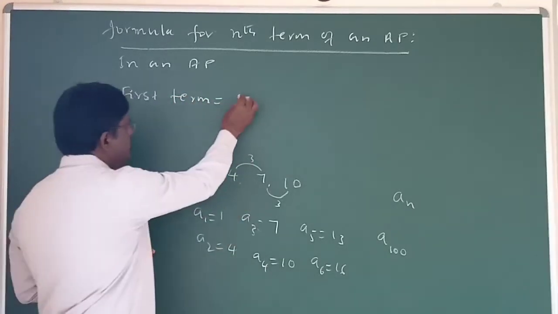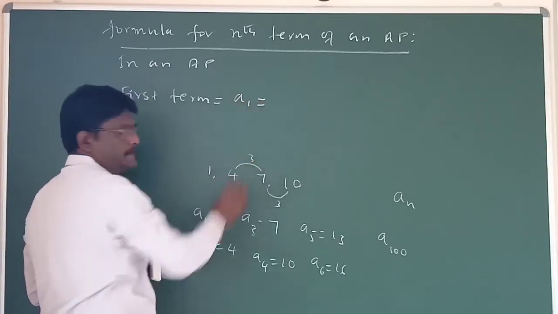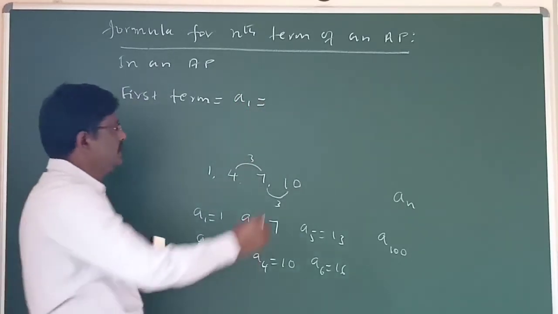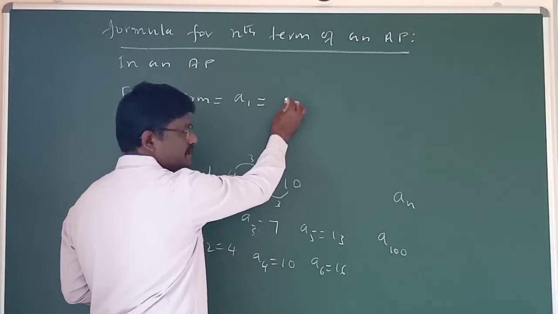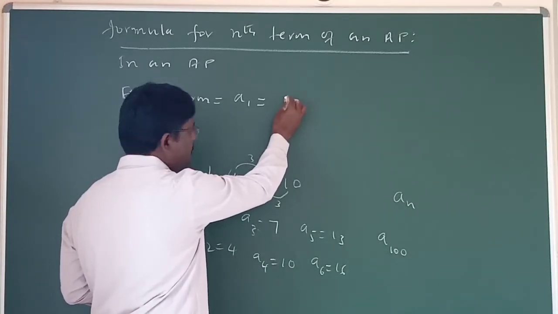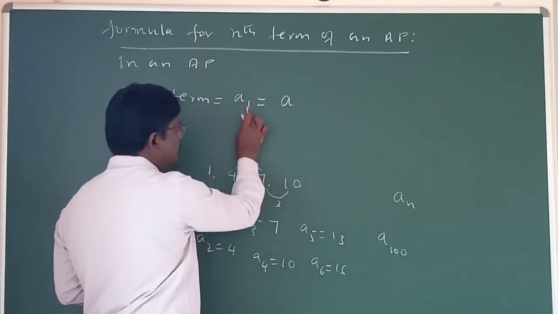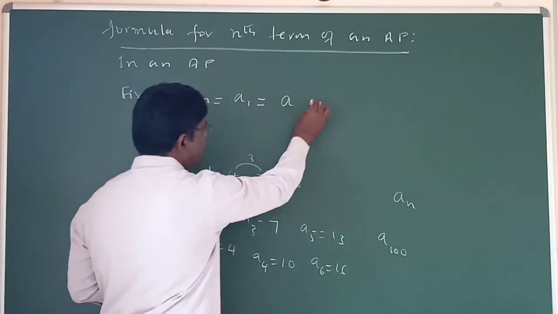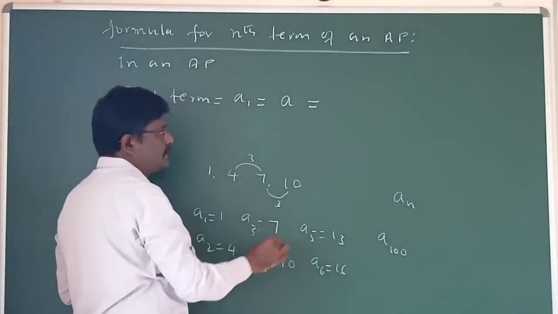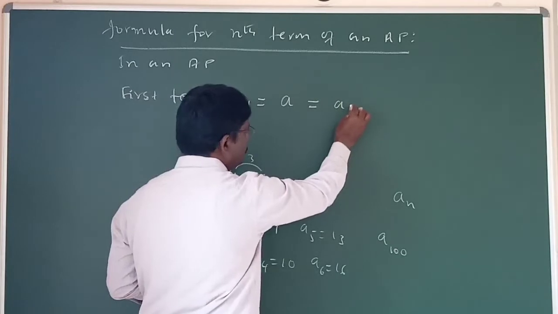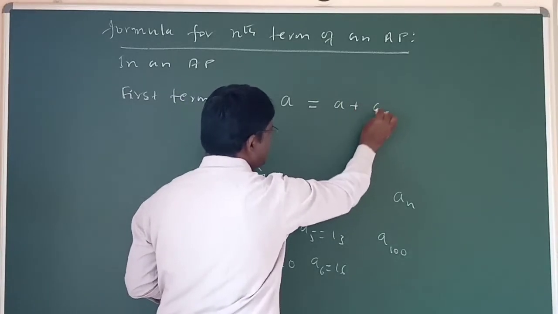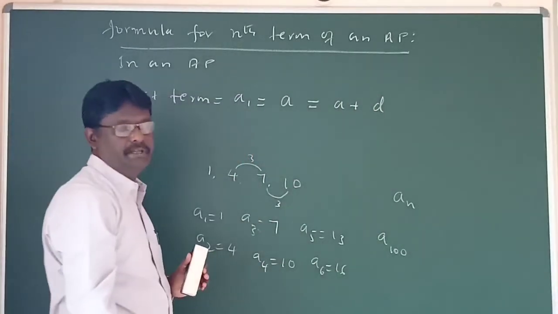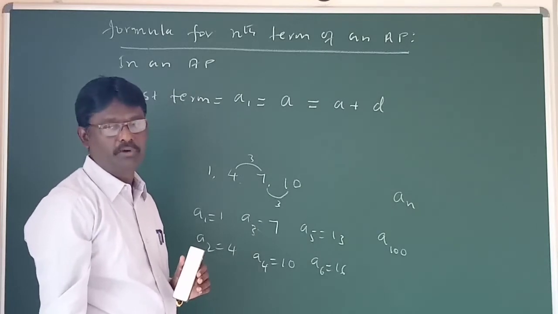In general, we use A1. In an AP, particularly, we have the general form a, a plus d and so on. Therefore, that A1 can also be written as what? A. Equal to, can I write it as a plus d? No. What is a plus d?